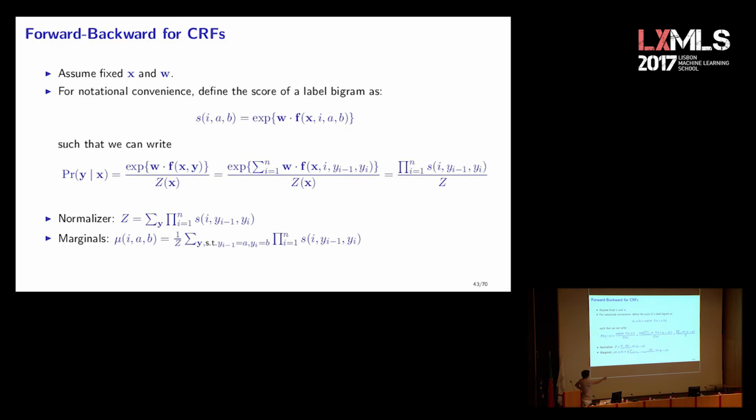This is factored, and because I have an exponentiated sum, I can turn it into a product of the exponentiated terms. So I can turn the expression for probabilities into a product of scalars, such that, and this is where it comes, this Z here is a sum of products, and the marginals are also a sum of products.